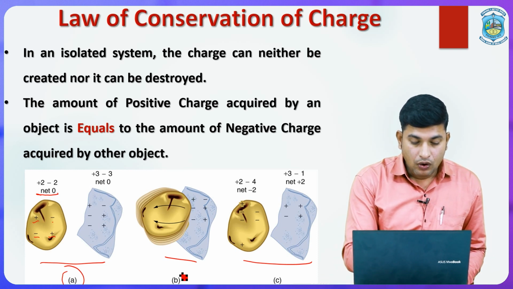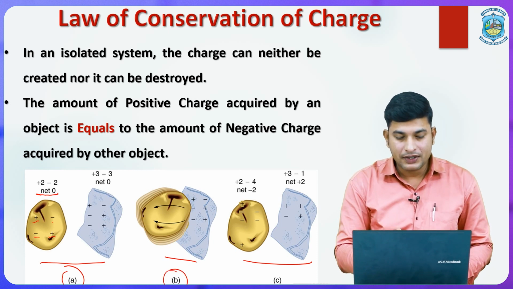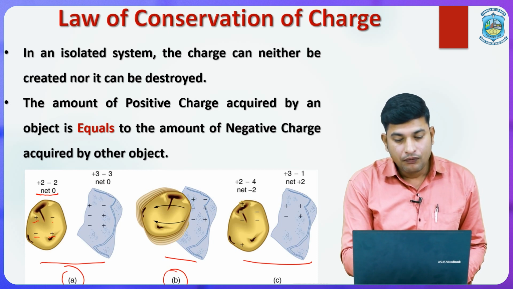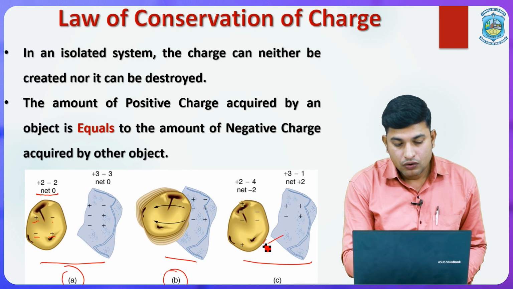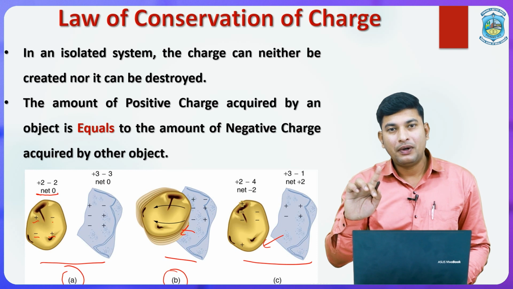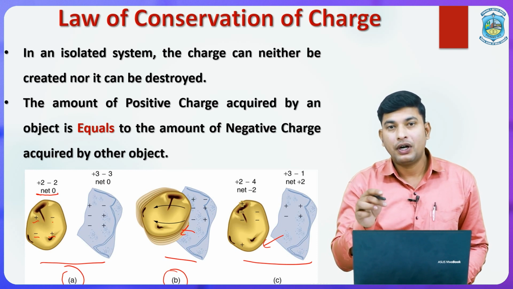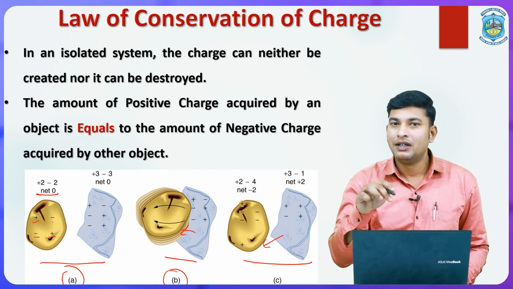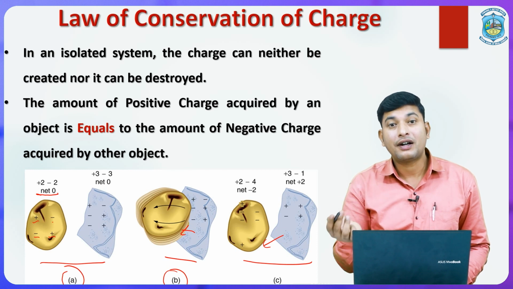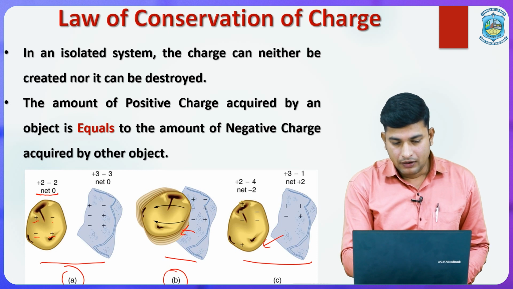In the B section, we will rub these two objects. And because of this rubbing, what will happen? Some particles travel from this cloth to this object. We can take the example of the ebonite rod and the fur. The ebonite rod absorbs the electrons and the fur transfers electrons from its own.